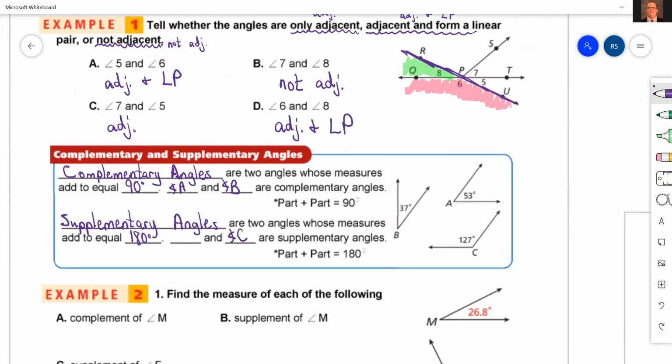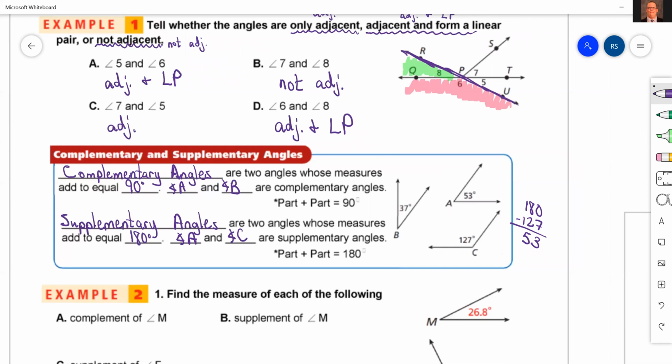To figure that one out, let's come over here to the side and say 180 minus 127 to see how much room we're left with. So that's going to be 53. So we have an angle that's 53 degrees. That's angle A. So angles A and C are supplementary.